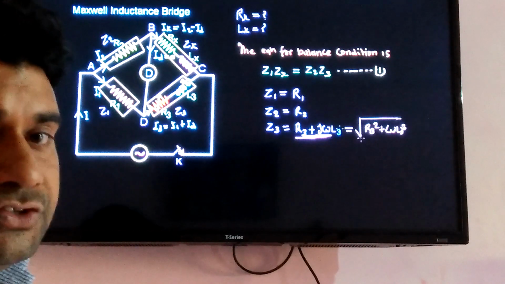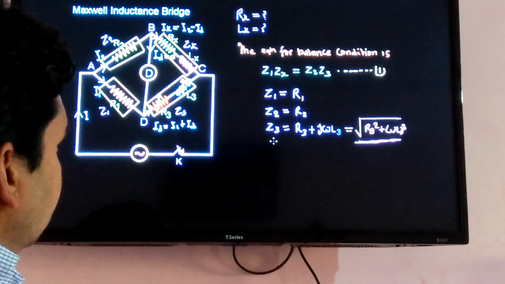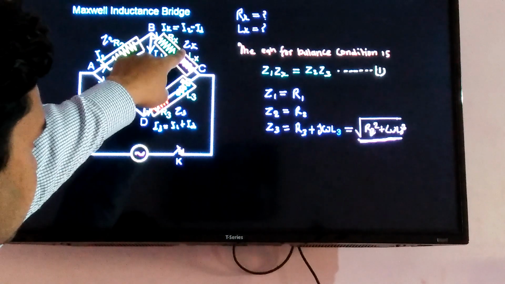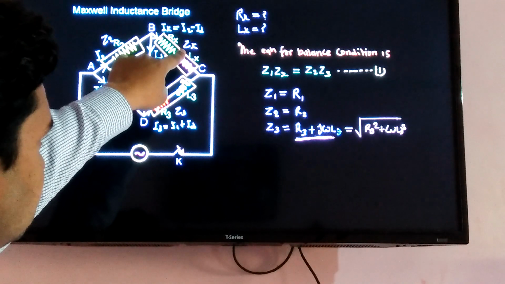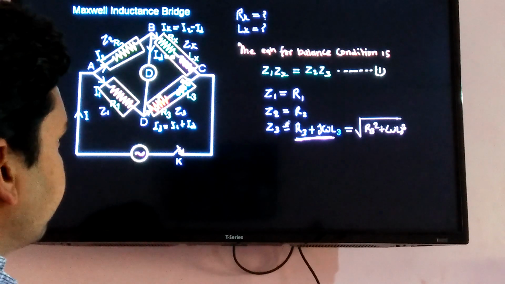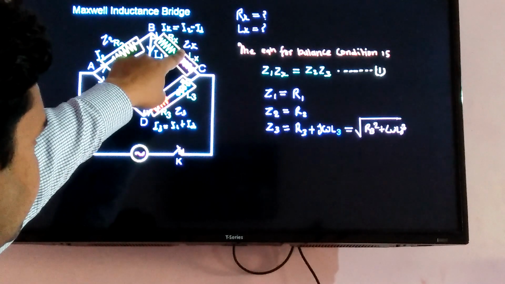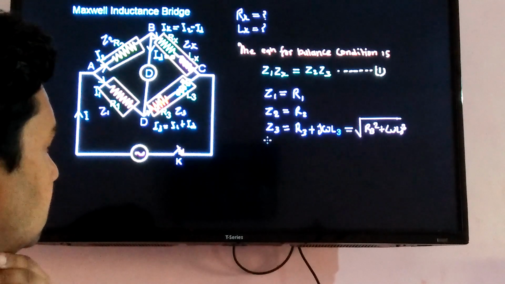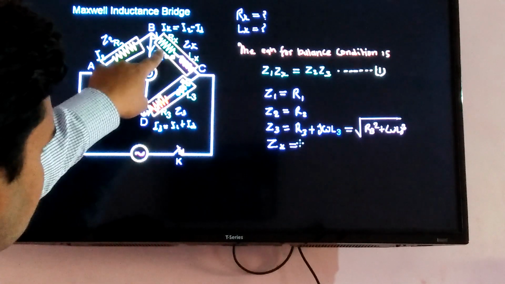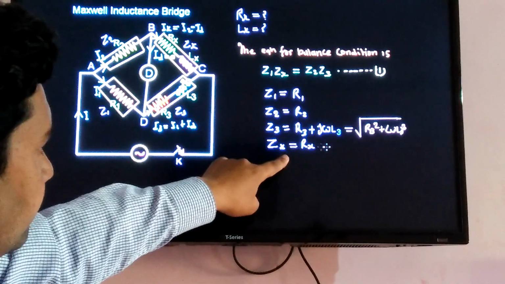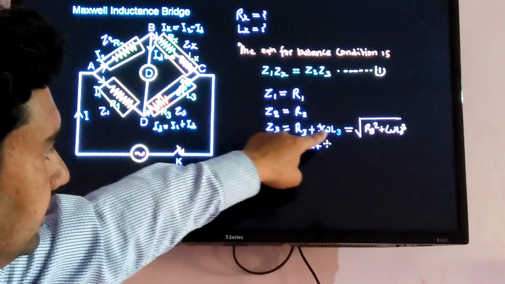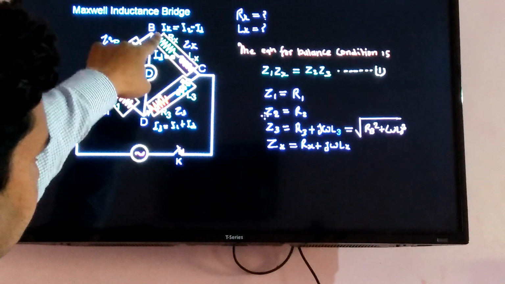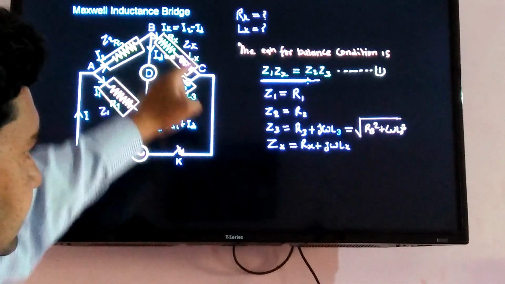So Zx is equal to Rx plus j omega Lx, like Z3.